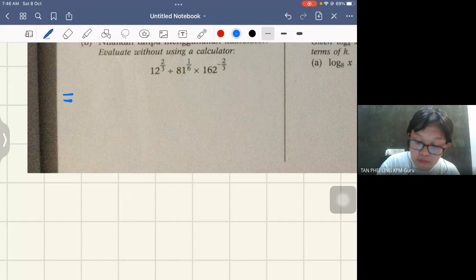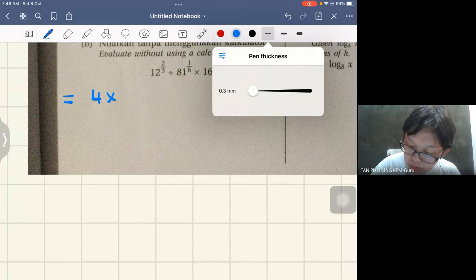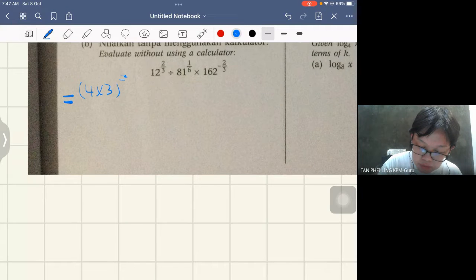So 12, we can make it like 4 times 3 first, right? 4 times 3, and then holding power 2 over 3. Am I right?